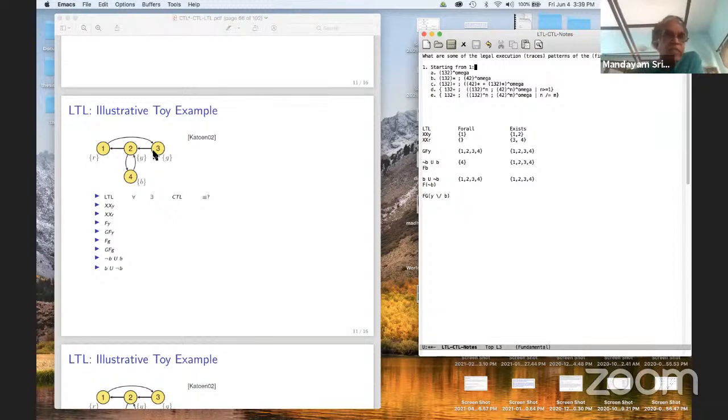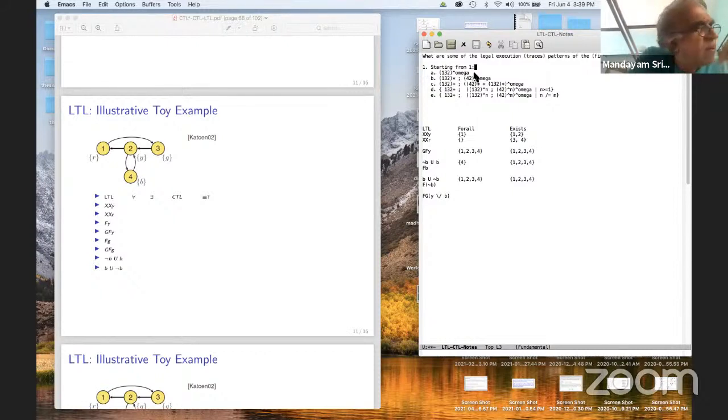Starting from state 1, of course, we saw that you can go from 1 to 3 to 2, then back to 1 and loop around. That is here, I'm representing it as 132 to the power of omega. We will later introduce what are called omega regular languages. Maybe you're taking some other courses where you're seeing omega regular languages.